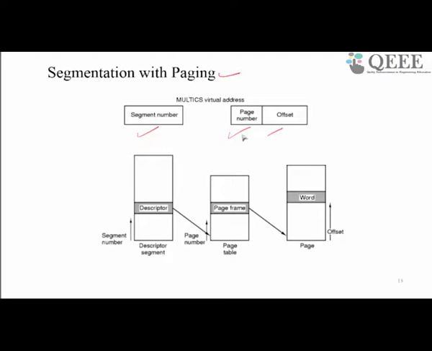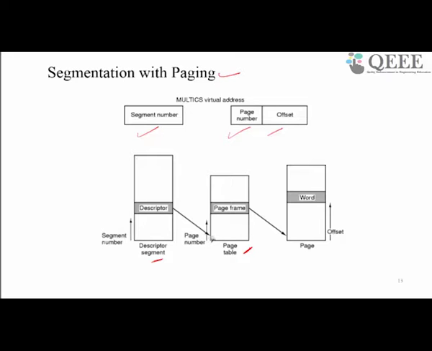So how does the translation happen? You will have a segment descriptor, which is similar to the segment table of segmented memory management. Given the segment number corresponding to the address which we need to translate, you refer to the corresponding descriptor. This descriptor should have information about the segment, but this segment is being divided in terms of pages. So it will in turn point to a page table holding information about all the pages present in the segment.